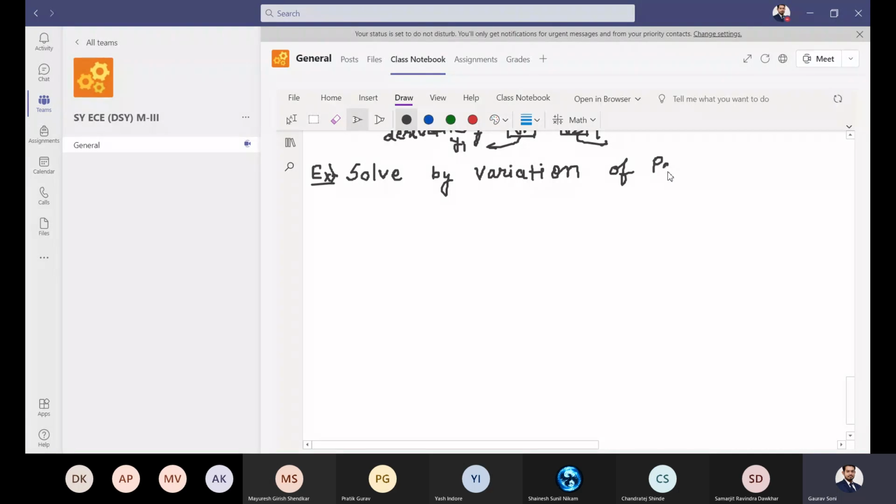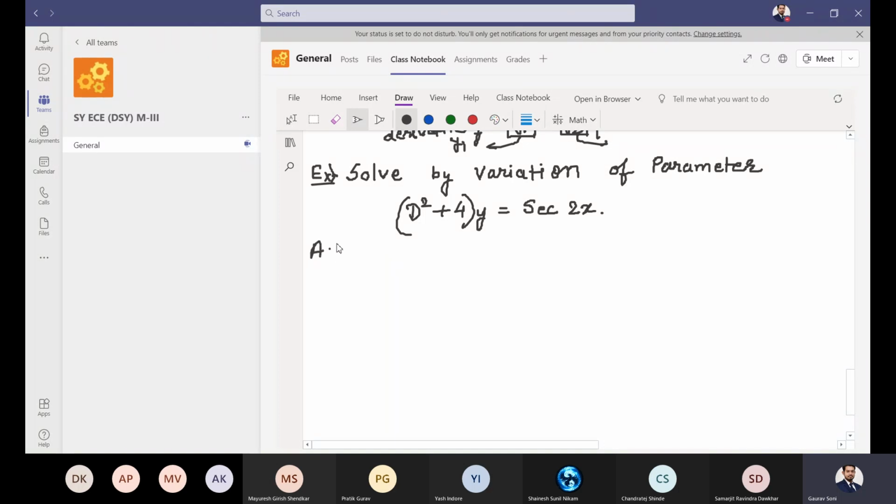That could be a good exercise, to think in which cases you will go for variation of parameters, or in which cases for the shortcut method. That will help you. (D square plus 4) y is equal to sec 2x. This is the differential equation we need to solve by variation of parameters.